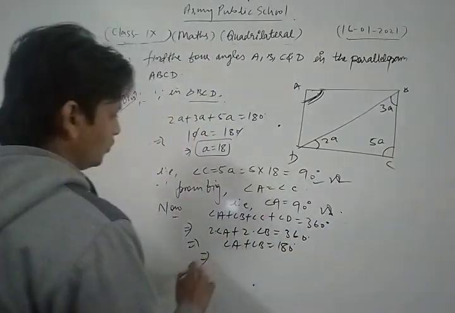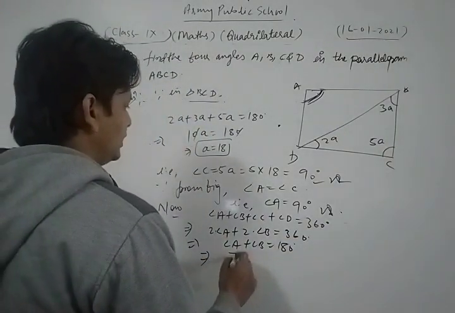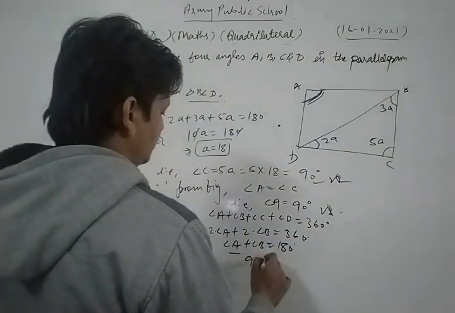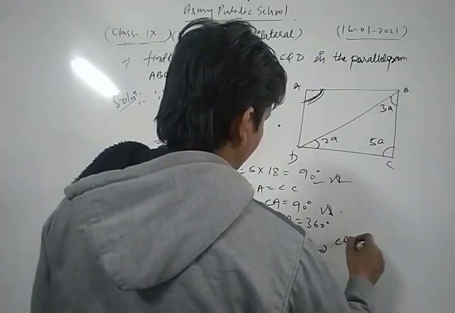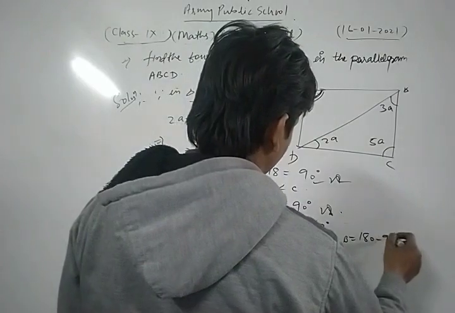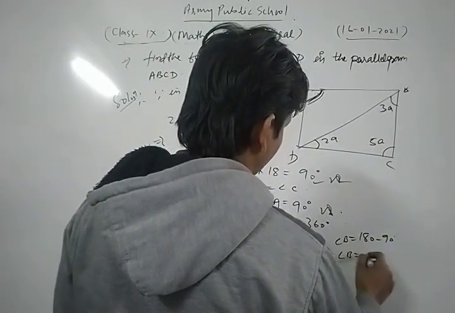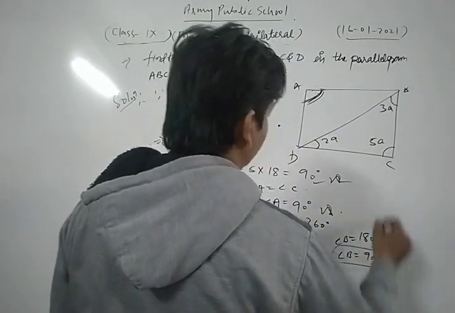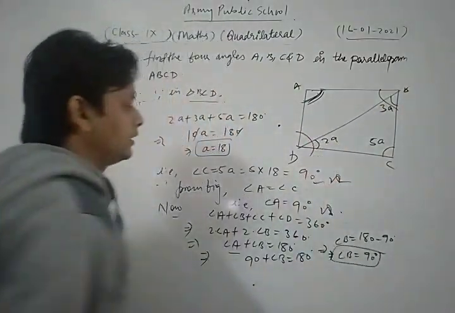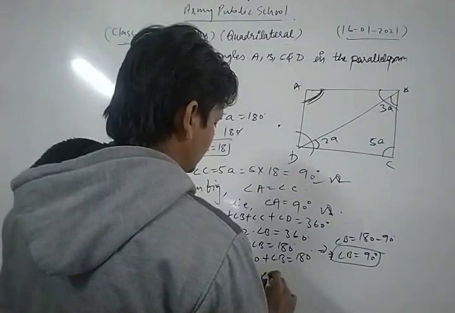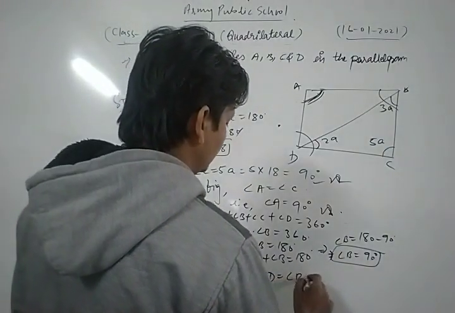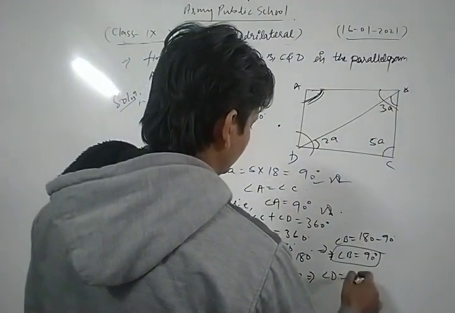Now the value of angle A is 90, plus angle B is equal to 180. Thus the value of angle B is equal to 180 minus 90, that is, angle B is also equal to 90 degrees. Opposite angles of the parallelogram are equal to each other, and angle D is also equal to angle B, so angle D is also equal to 90 degrees.